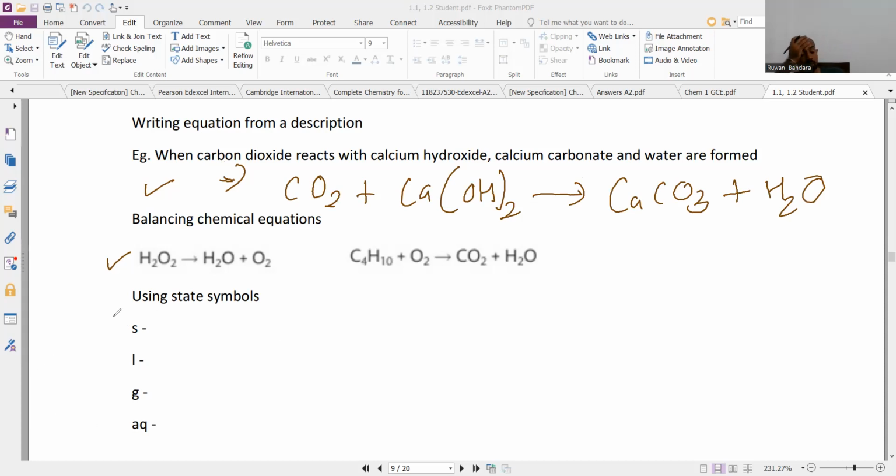Balance the first one. Even if you write calcium hydroxide first, it won't be an issue, right? Yeah, that is no issue at all.